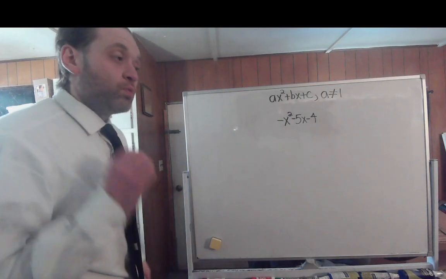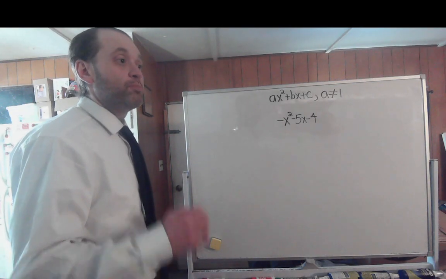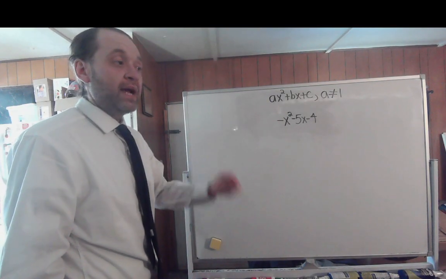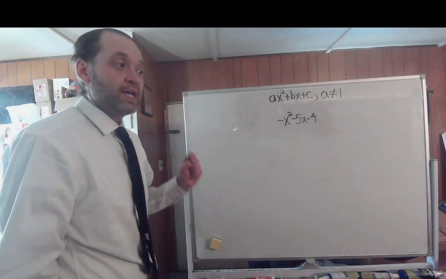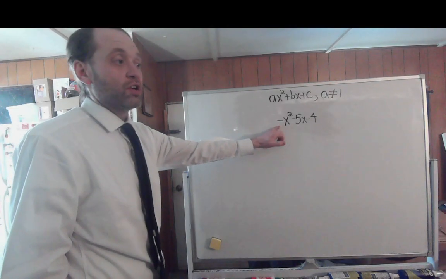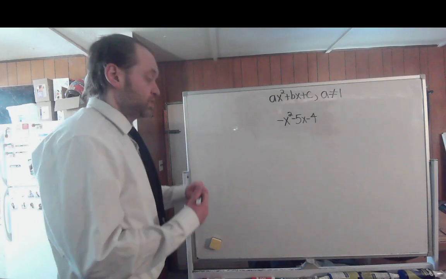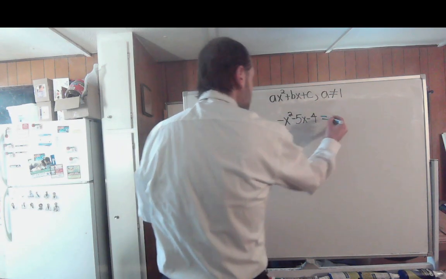You always want to have the coefficient of the x squared term be positive. So if it's negative, you're automatically going to factor out a negative 1 from this whole expression. You got to get your x squared term to be positive. That'll override everything else.